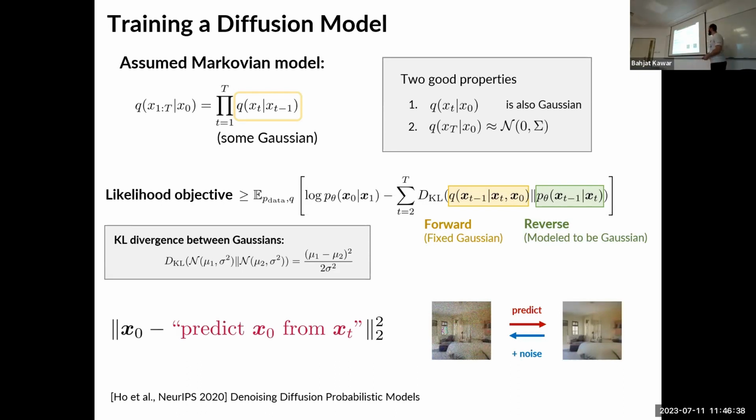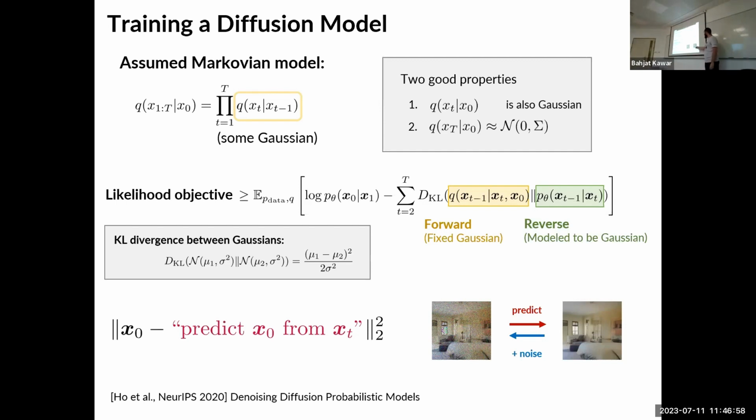And once you simplify that, because both are modeled to be Gaussian, this is all just going to simplify into this loss. So you have your model, you have your x0, your training sample. Take your training sample, add some noise to it, turn it into xT, and then try to predict x0 from xT. Have the model try to predict what x0 should look like.